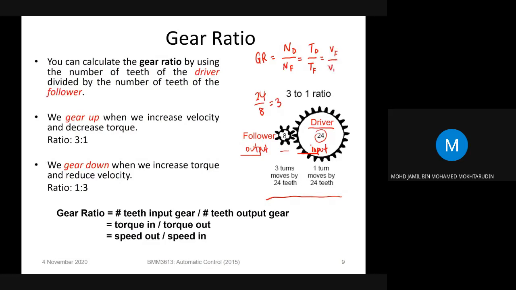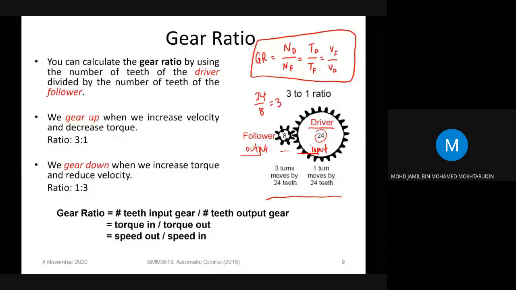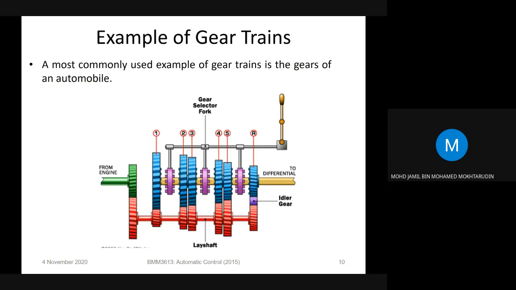Okay, ni je equation formula untuk lecture yang ni, okay, untuk gears. Hadam. Ingat sampai habis semester. Okay. So number of teeth of driver divided by number of teeth of follower equals torque of driver divided by torque of follower, also equals velocity or speed of follower divided by speed of driver. So you get the gear ratio. Okay, ini dalam kereta.